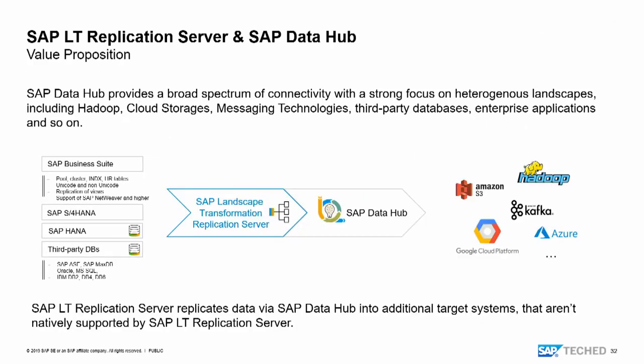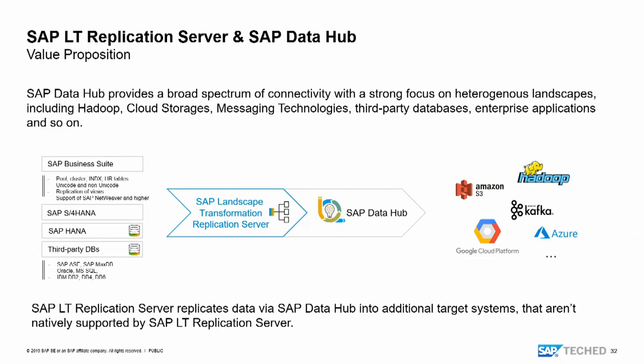SLT and SAP Data Hub and the value proposition. What you saw in the first demo was how we get CDS views into SAP Data Hub, either as an initial load or even based on delta records. SLT now plays a role if you want to extract business data based on tables into SAP Data Hub.